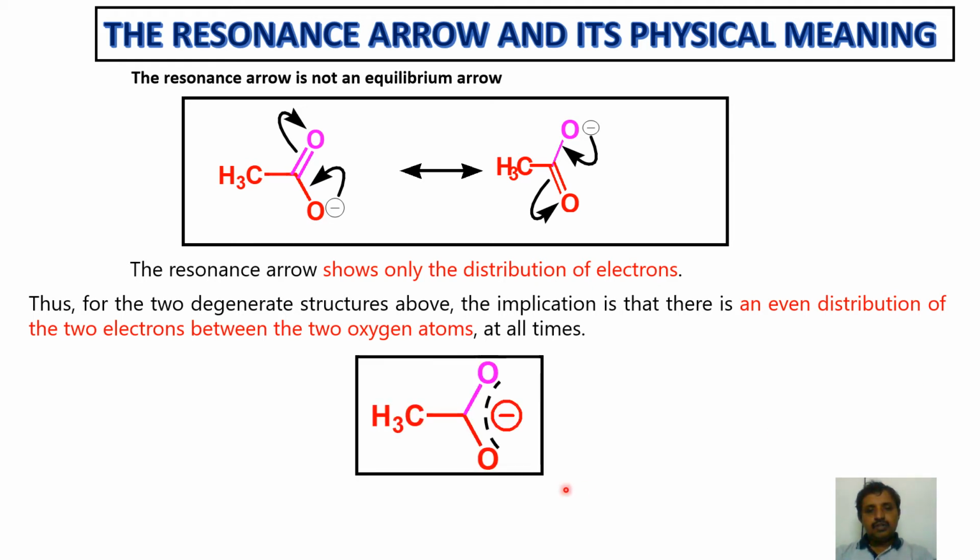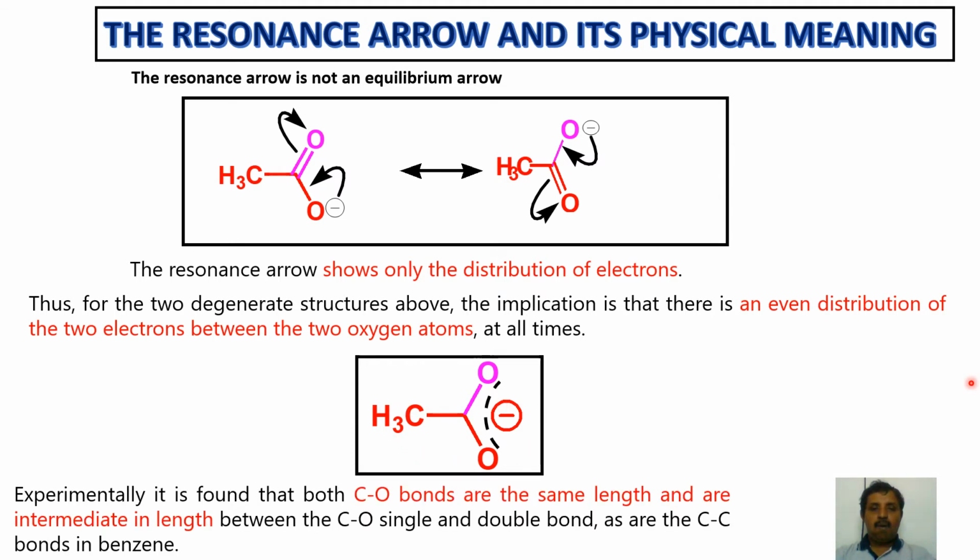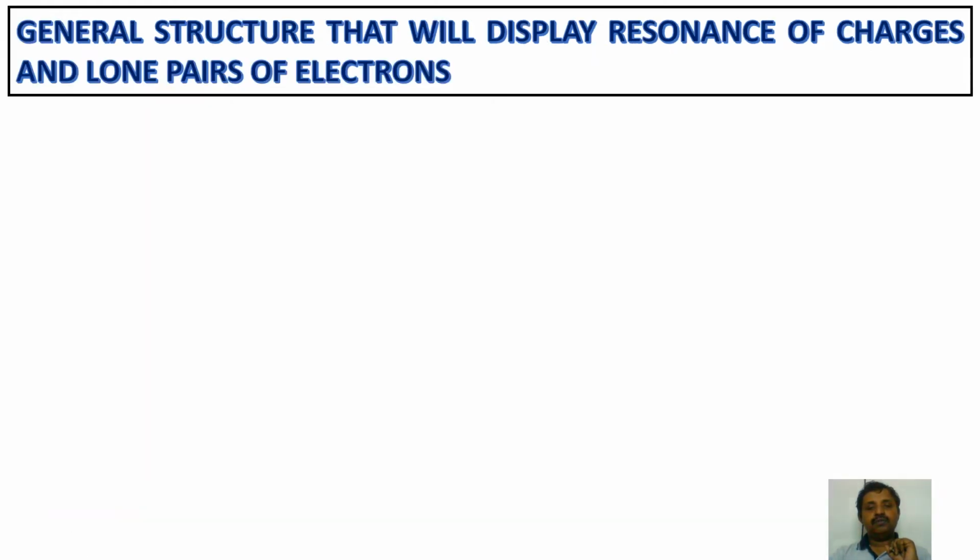So these two structures are represented by a resonance hybrid, which is in this box. Here the carbon oxygen bond length, with pink color and the red color, is the same, as we have observed in the benzene molecule.